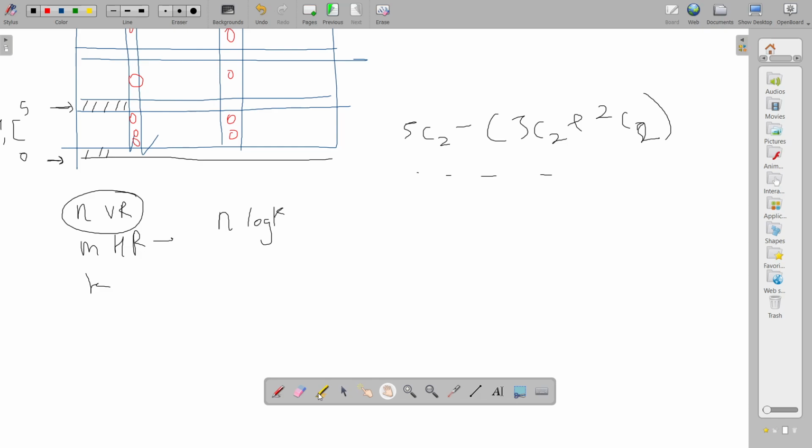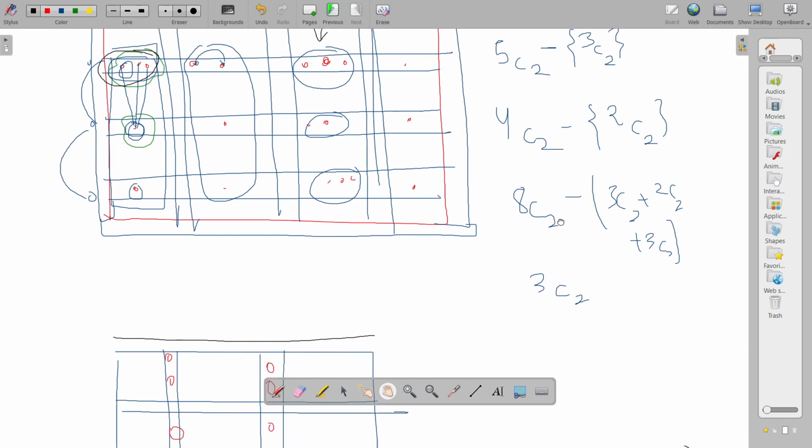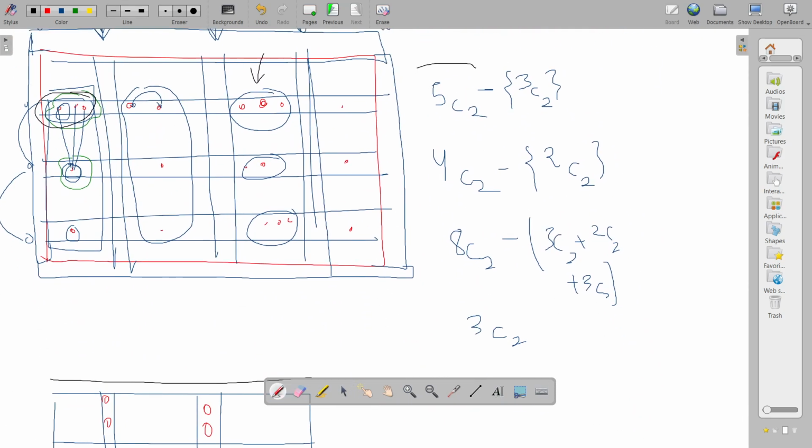So what I'll do is I will do this subtraction, of 3c2, 2c2, at the very end. First of all, I'll just sum up these values, 5c2, 4c2, 8c2, 3c2, because these are simple to find. You only need to do a simple binary search, and okay, between these two x coordinates there are 5 elements.